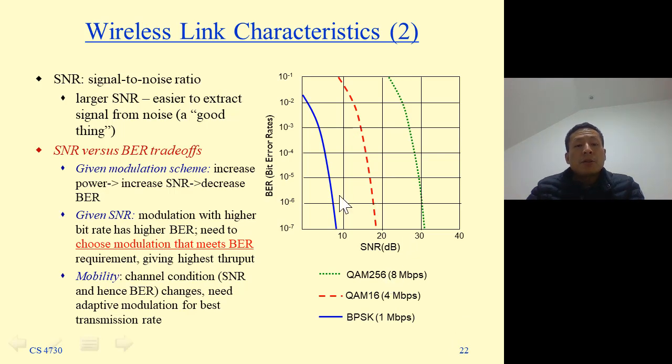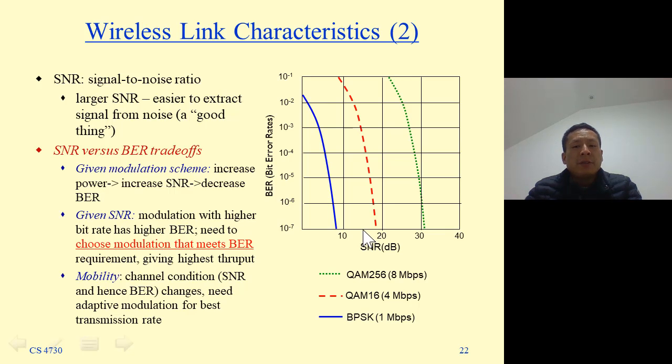Okay, so if you are using one specific modulation or sending data speed, if you are increasing your signal noise ratio and you didn't change your modulation technologies, then you can see you go from left to right. The signal noise ratio improves, then the bit error rate will decrease significantly. That's a good thing, right?